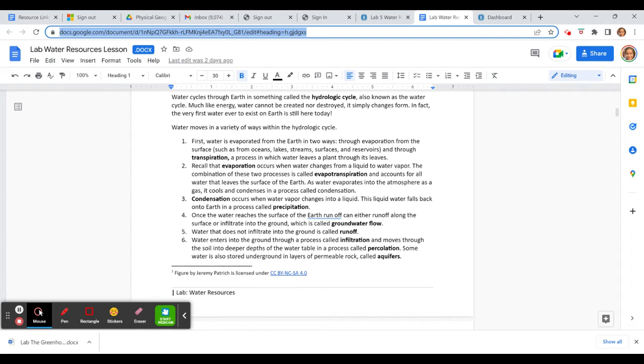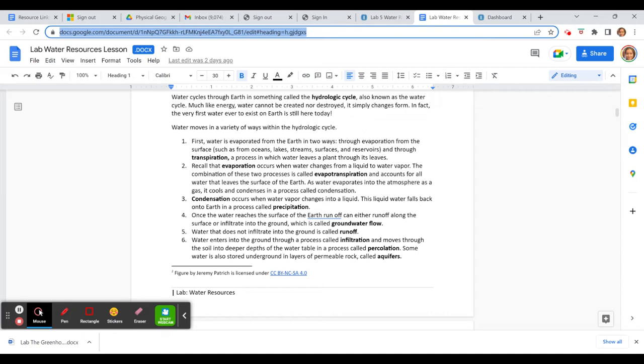Water moves in a variety of ways throughout the hydrologic cycle. It's evaporated by using the sun's energy from oceans, lakes, streams, surfaces, and reservoirs, and through transpiration, a process in which water leaves a plant through its leaves.